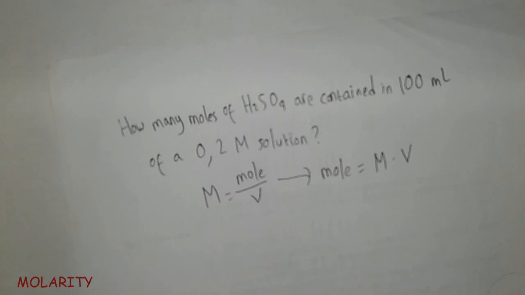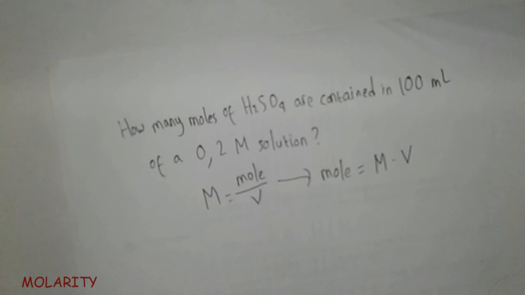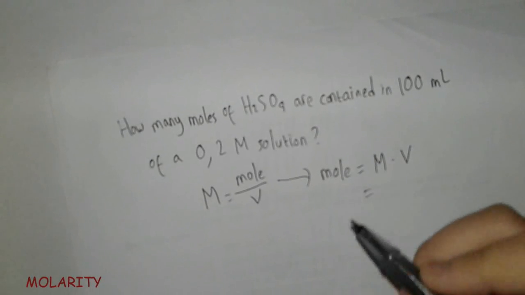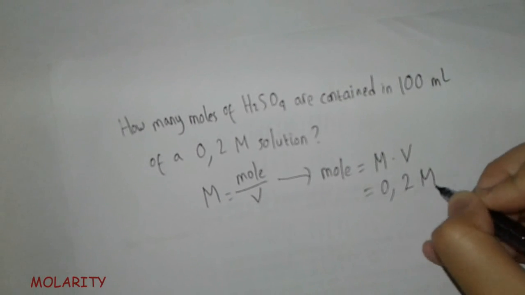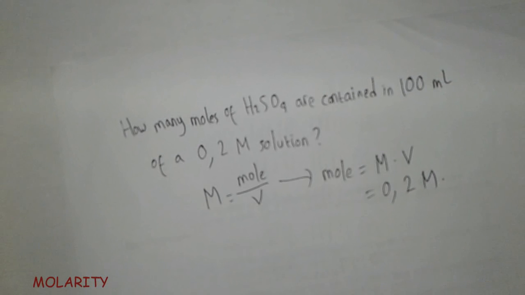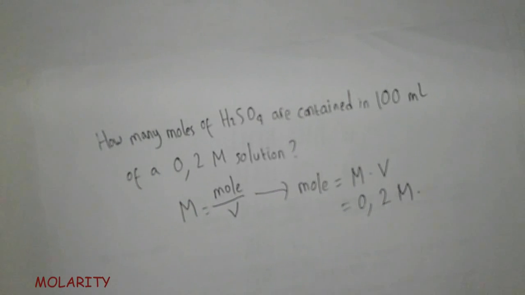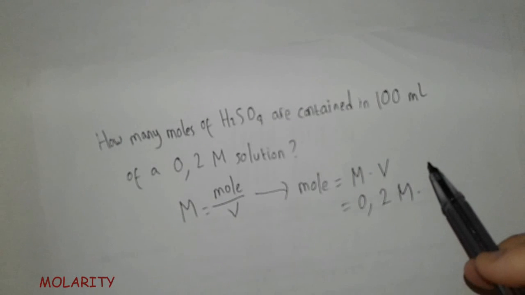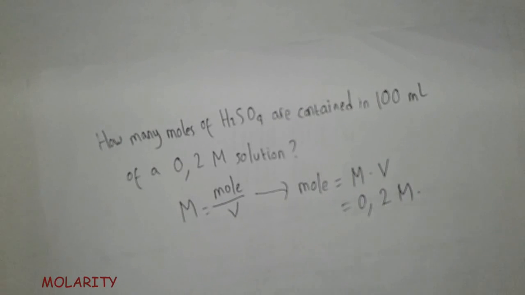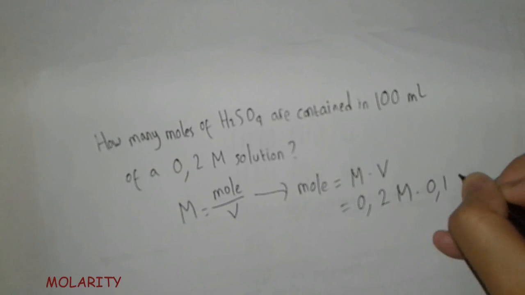So we just put the values inside. The molarity is 0.2 molar, and the volume is 100 milliliters. But this time you can't just put down 100 milliliters, because we need to convert it into liters, and it becomes 0.1 liters.